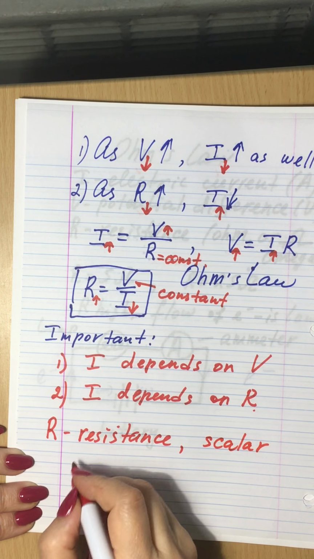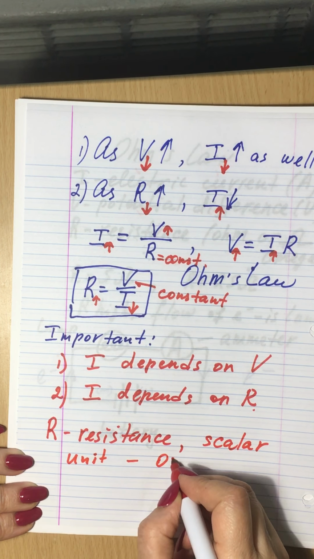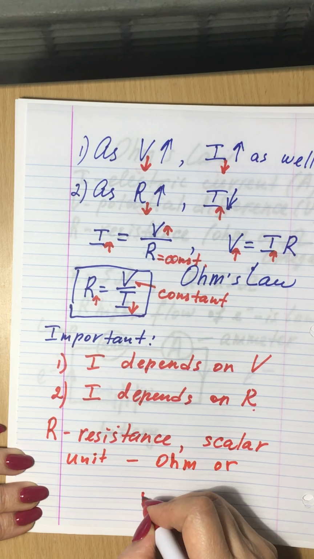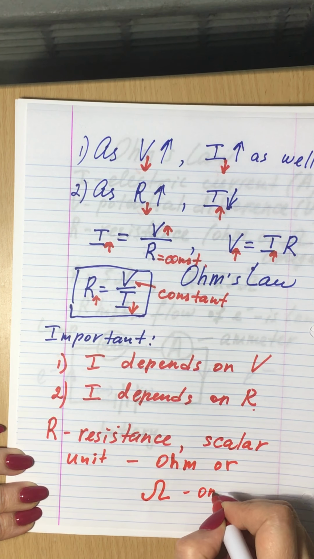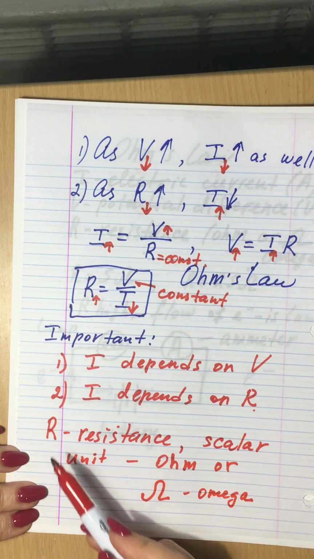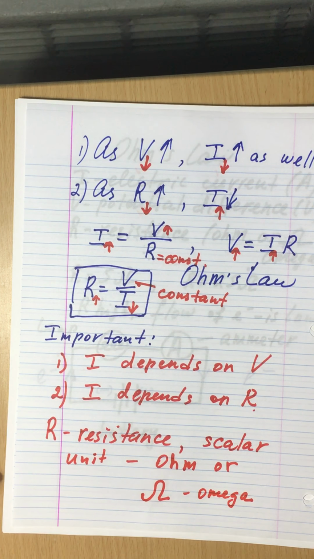Okay, and the unit is ohm, or Greek letter omega. Okay, so tomorrow we will discuss what we can do to change the resistance. Okay, what resistance depends on, and we will discuss that tomorrow.